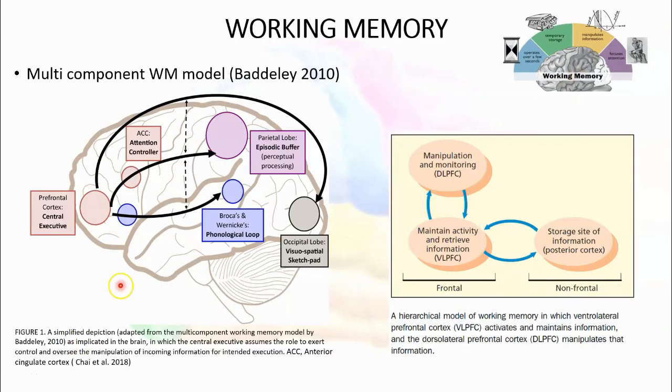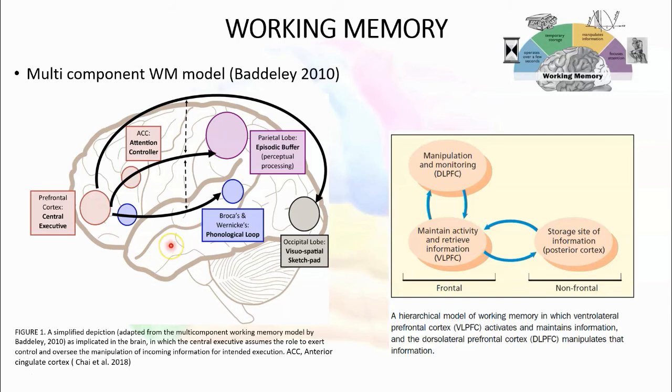In 2018, Winger et al. translated the concept of the multi-component working memory model proposed by Baddeley in 2010 to specific brain regions in humans. The figure shows a simplified depiction of Baddeley's multi-component working memory model in 2010 as implicated in the brain.